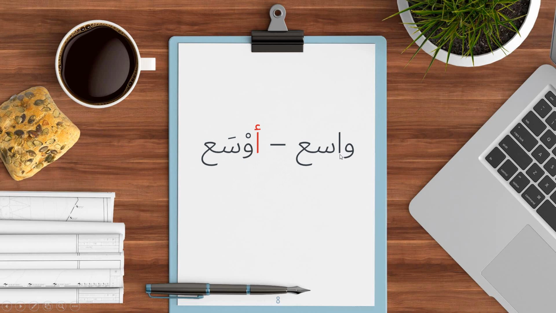So you can think about it in this way, like we moved the alif to the very beginning, or you can think about it as if we are deleting the alif and adding the alif that we did in the 3 groups. In all of the 3 groups, we added the alif in the very beginning. So we have the adjective واسع and أوسع, wide and wider. الأوسع, that's widest.